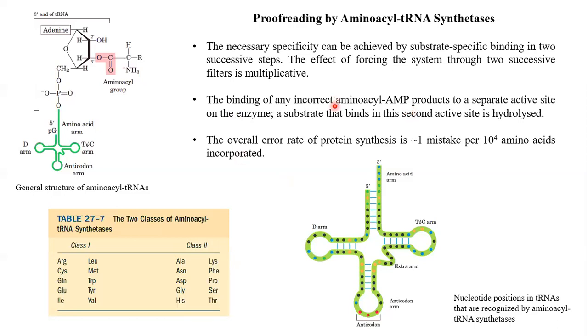Because of this, the overall error rate of protein synthesis is 1 mistake per 10,000 amino acids incorporated. And this is quite a good rate. If you compare this with the polymerase, the fidelity is not that great, but as you know, in protein synthesis, in 100 protein molecules, if one is wrong or the sequence is wrong somewhere, then it doesn't matter that much to the cell.